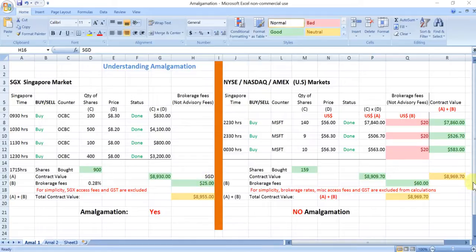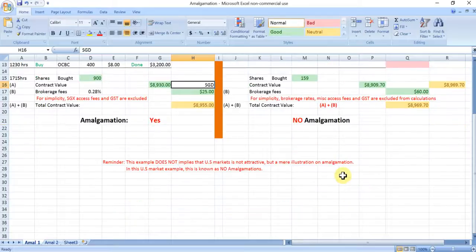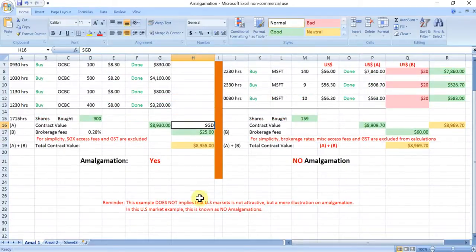So investors should take note that there is no amalgamation on the US markets. Nonetheless, I also want to remind you that this does not imply that the US market is not attractive, but is a mere illustration on amalgamation.